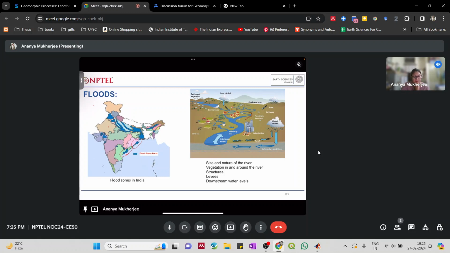Okay, and this would increase the amount of water that is being carried, and you can see that if these natural levees are formed, they can help in preventing the flood water from reaching more area on the river banks.